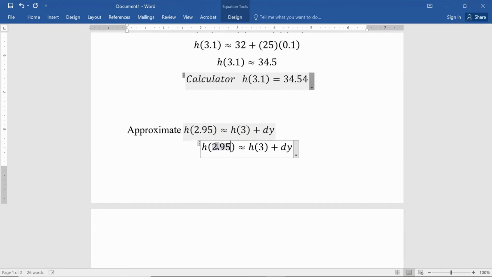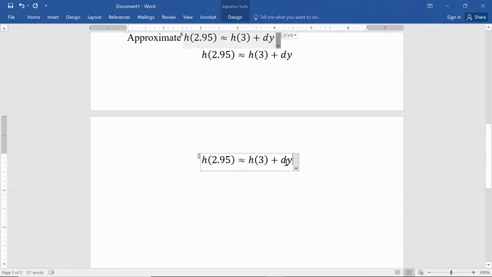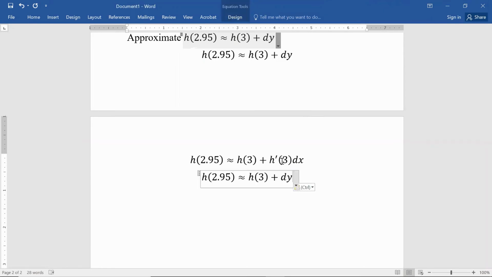So the change in y value is going to correspond to the same thing, h prime of 3 multiplied times a dx. But the dx in this case is going to be negative. So we're going to have h prime of 3 multiplied times negative 0.05. Since we went down, we have to use a negative. Since we're under 3, we have to utilize a negative.